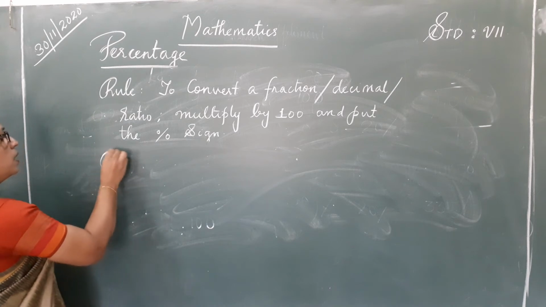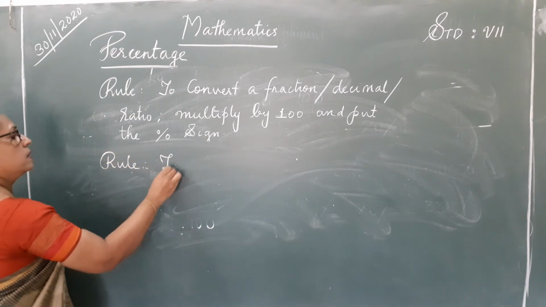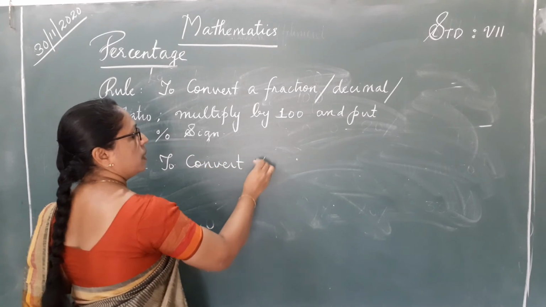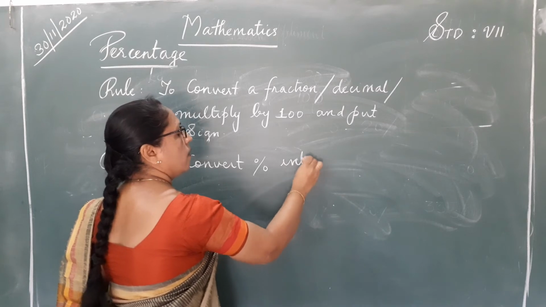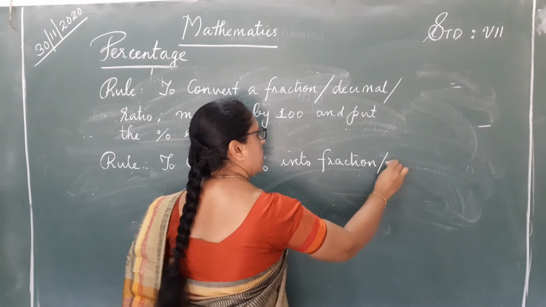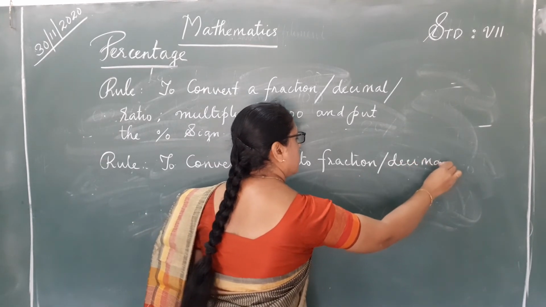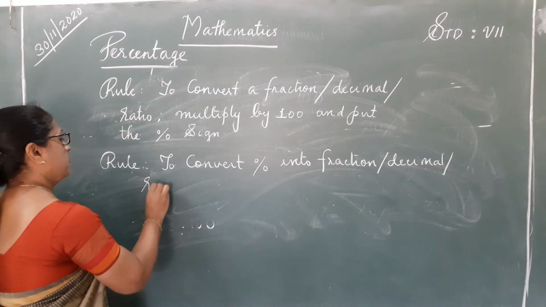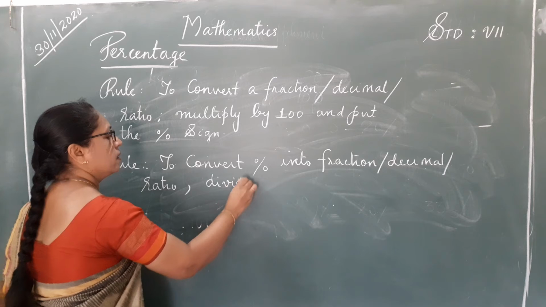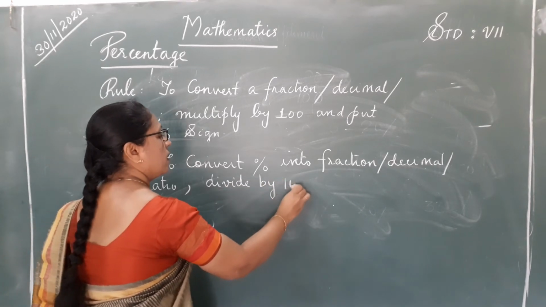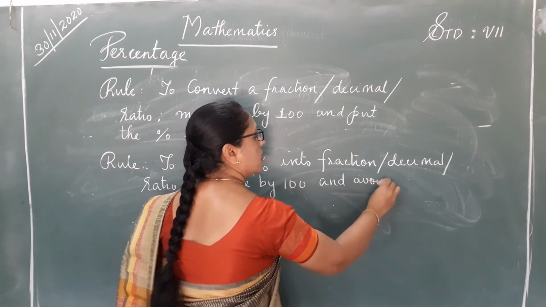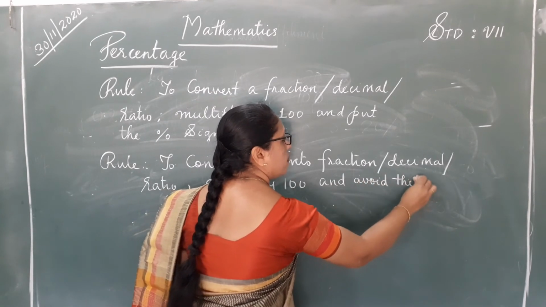Rule 2 to convert percentage into fraction, decimal or ratio: divide by 100 and avoid the percentage sign.